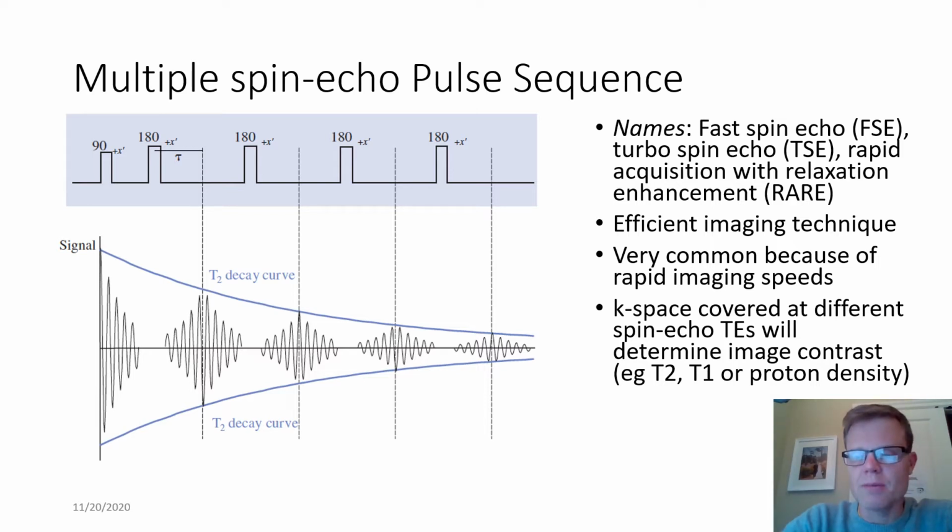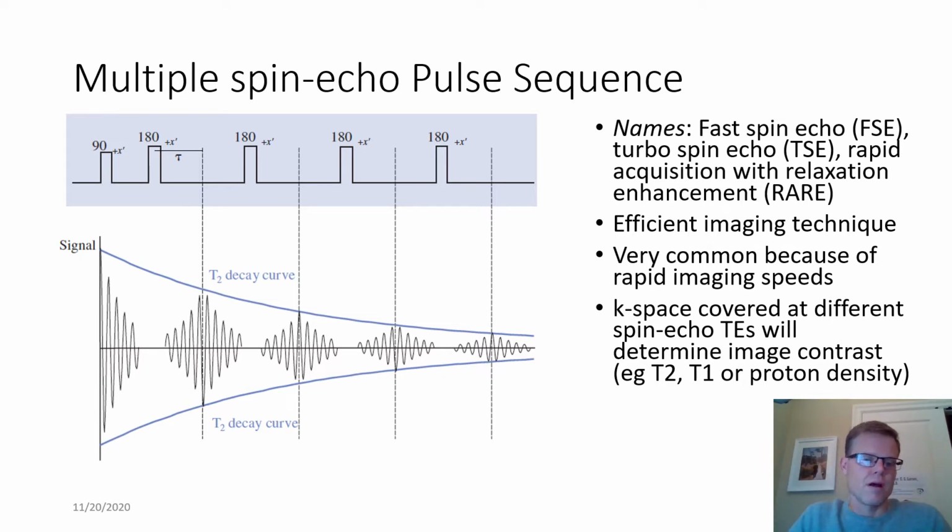There are a few other names for this technique. Fast spin echo is the name that GE at least uses. Turbo spin echo, or TSE, is used by Siemens MRI systems. Another name is rapid acquisition relaxation enhancement, or RARE imaging. These are extremely popular because they're a very efficient imaging technique.